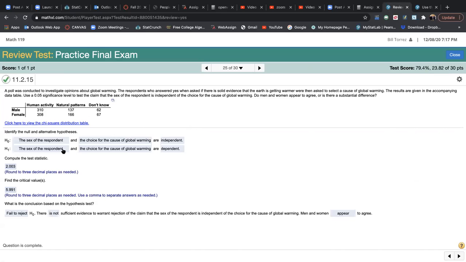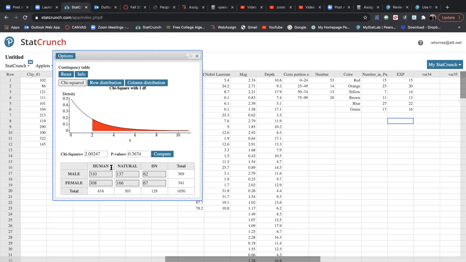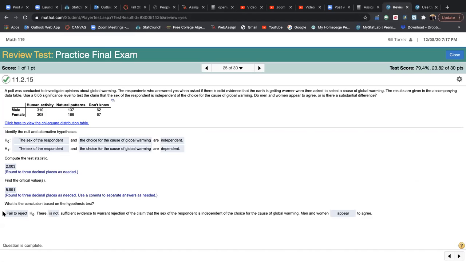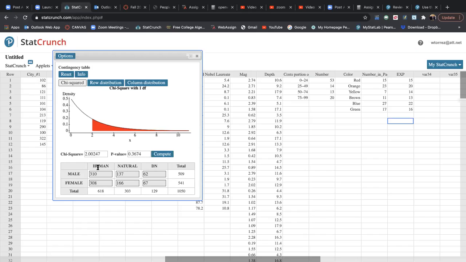All right, we've got our 2 hypotheses squared away. And as we saw from StatCrunch, our test statistic is about 2. And it says round to 3 places. Okay, so I would get about 2.002.